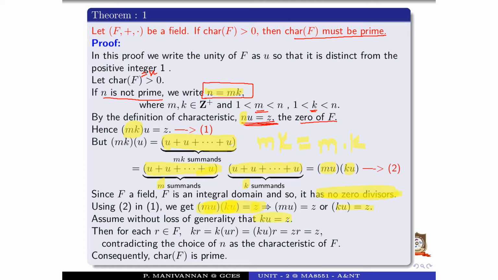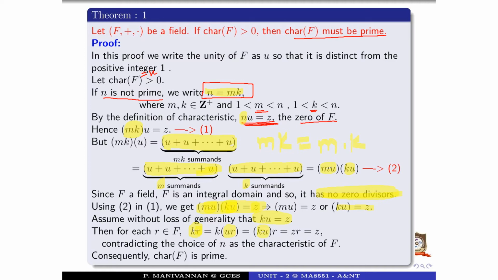Ku equals z. Then for each r belonging to F, kr is equal to, r is replaced by ur, since u is the identity element. By the associative law, it can be rewritten as ku times r.